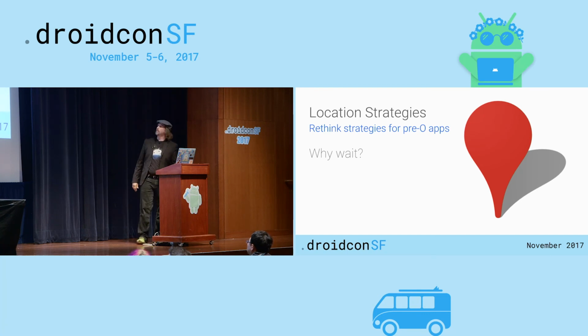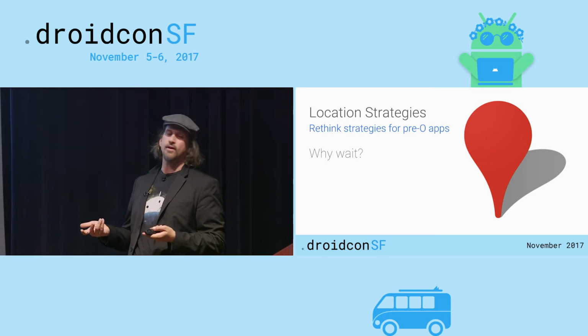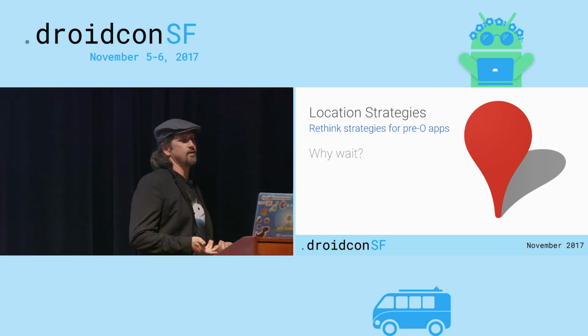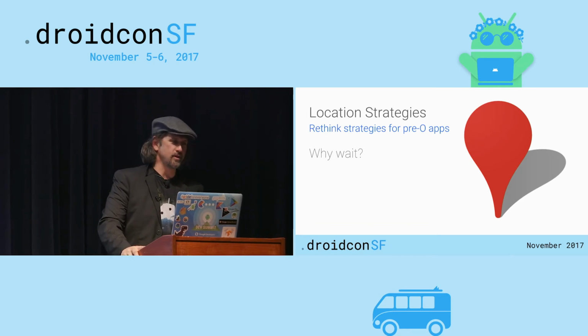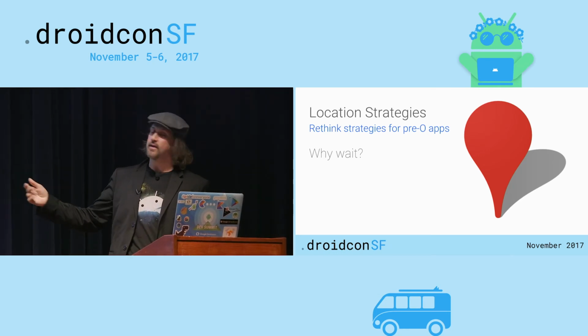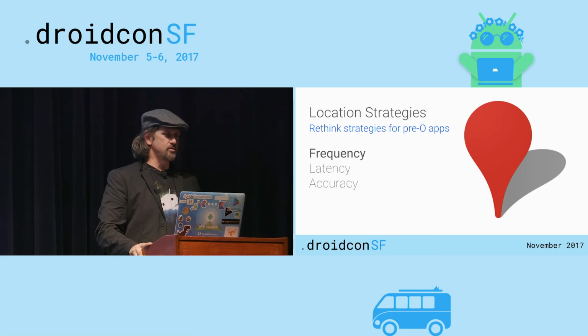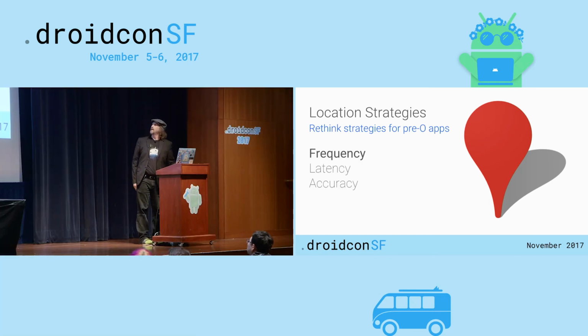All right. So the real question is, you have to actually do this to make things work well on O, and people who are early influencers and adopters will be having O, so it's a good thing to think about this now and make sure your apps actually do these location strategies. And again, it just helps everything all around.